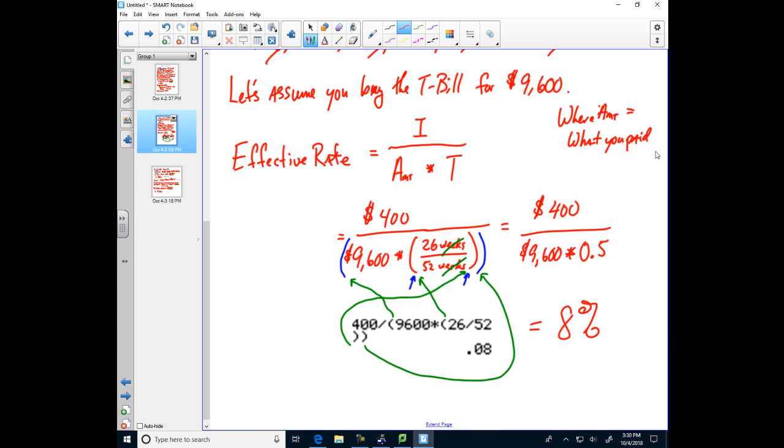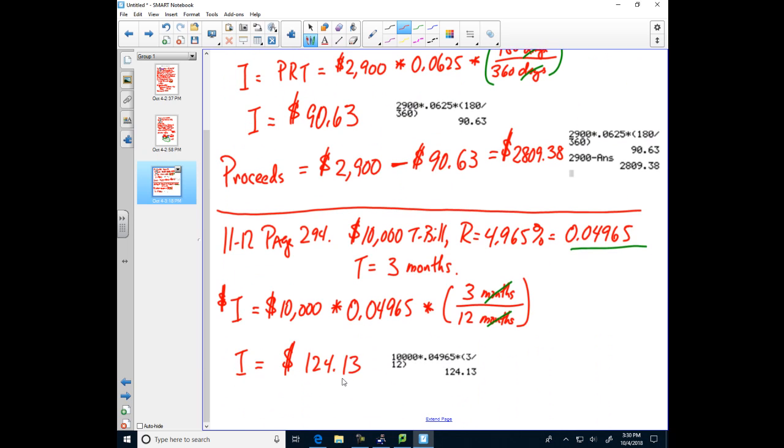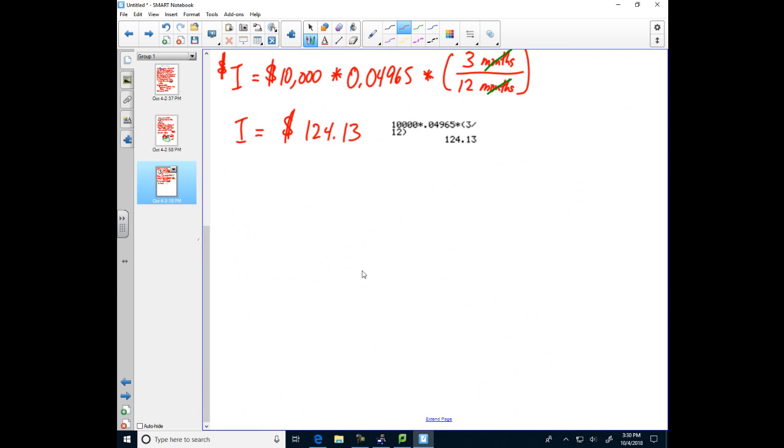AMT is what you really paid for the note. Okay, so let's figure that out. So the amount paid for the note is going to be found how? The note's $10,000. You're not going to pay that much for it, are you? So what are you going to do here?